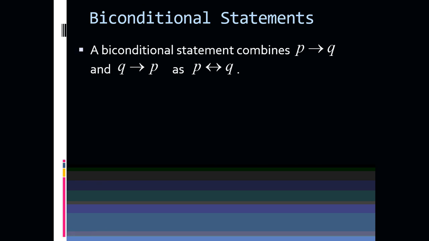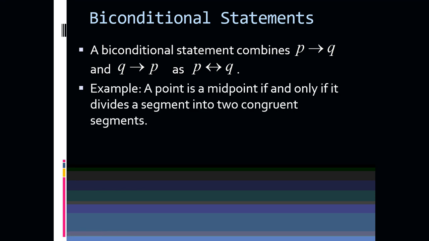A biconditional statement combines "if P then Q" and "if Q then P" into "P if and only if Q." So they use these two arrows. This is the symbol for biconditional. For example, a point is a midpoint if and only if it divides a segment into two congruent segments.